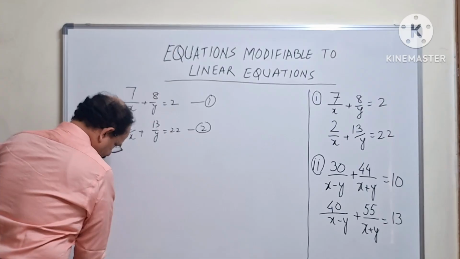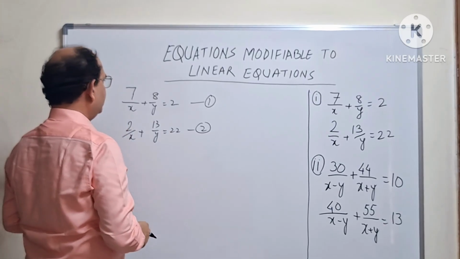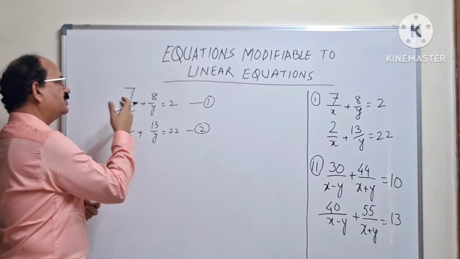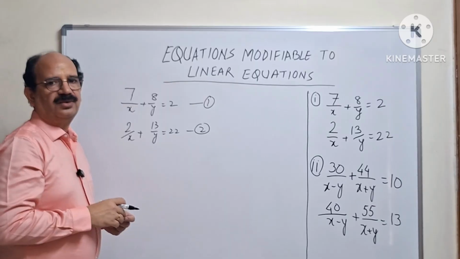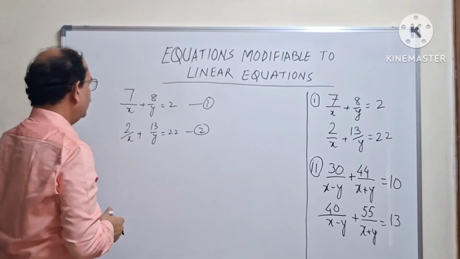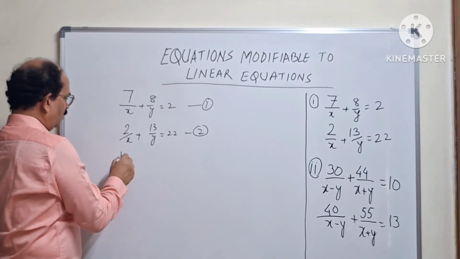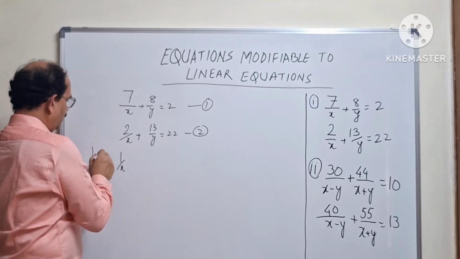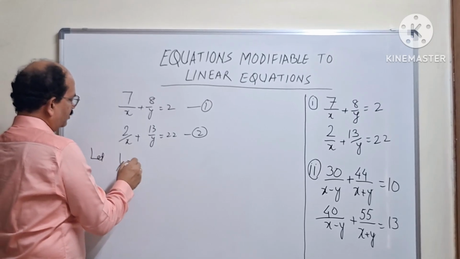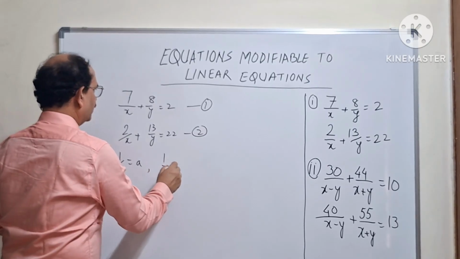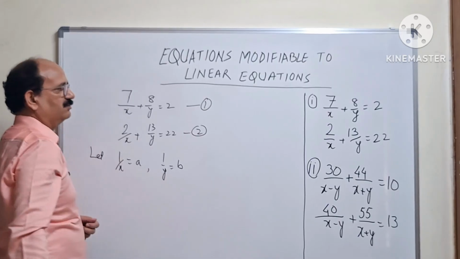Okay. So what we need is a mechanism in which we can transform these two equations into linear equations. And how do we do that? We do that by assuming that 1 by x is equal to small a, and 1 by y is equal to small b.